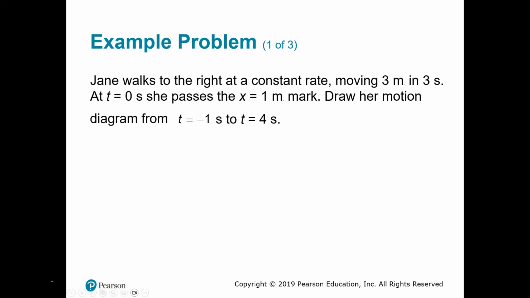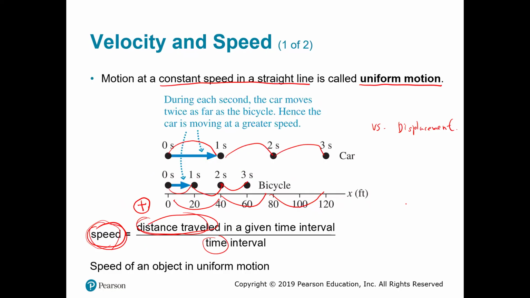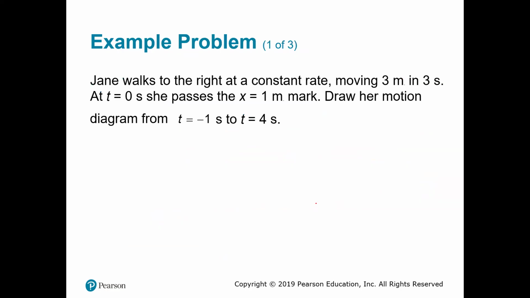But now, what is your velocity? Your velocity is displacement over time. Your displacement is a vector, so it can be either plus or minus. That means your velocity can be plus or minus. I will talk more about details in the next section when I explain velocity, but you'd better see the differences at this point.